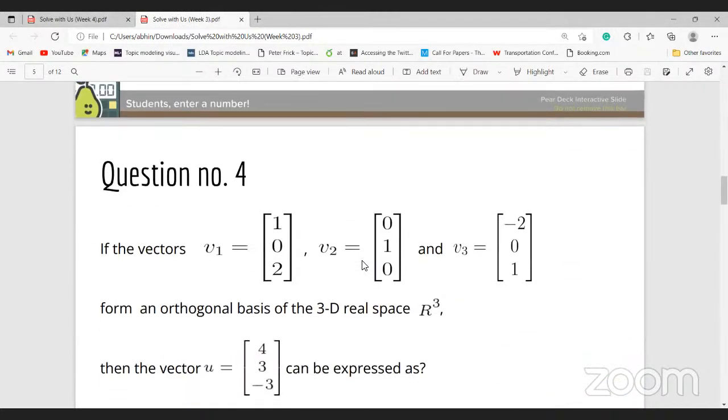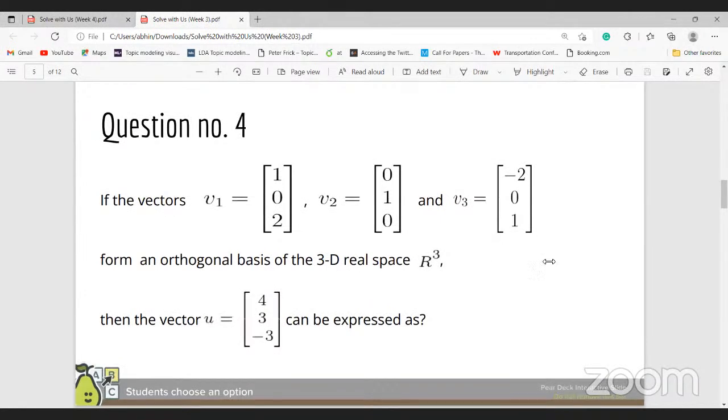Let's move to question number 4. Now this should take some time. Maybe you can take 3-4 minutes, solve it. If you have doubt in the question, do ask me.